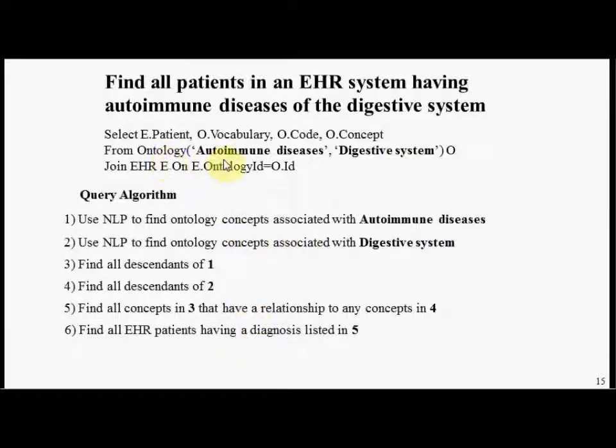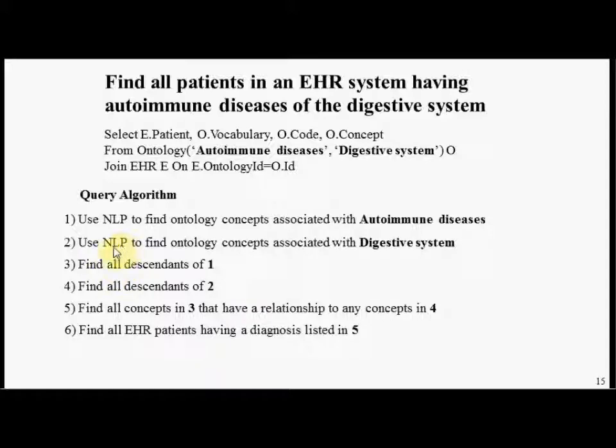This function takes two parameters, and the first step in this algorithm is to use natural language processing to find all ontology concepts associated with autoimmune diseases. I should mention that we're using the SNOMED ontology I mentioned earlier, which has approximately 400,000 vocabulary terms in the healthcare field. So we're trying to find those SNOMED vocabulary terms closely associated with autoimmune disease.